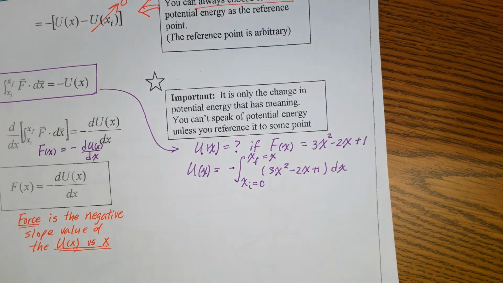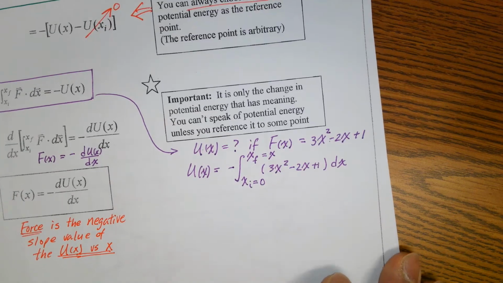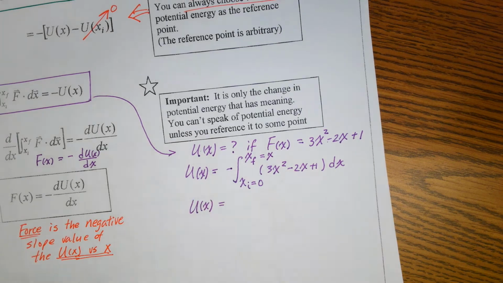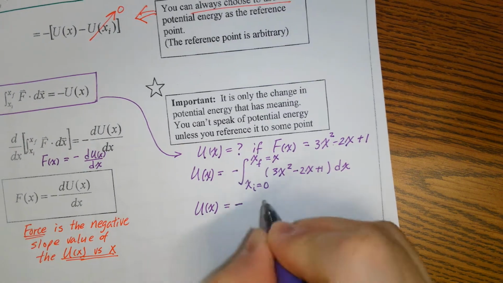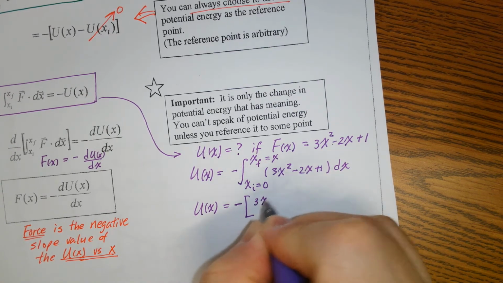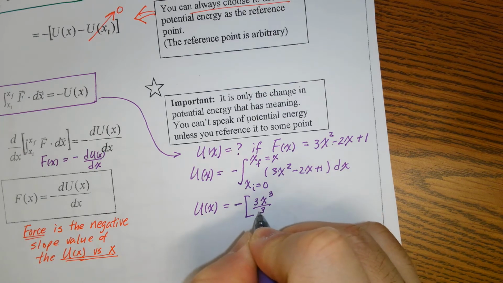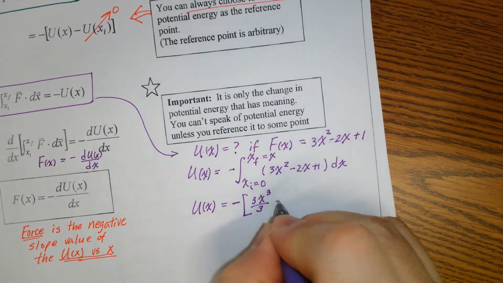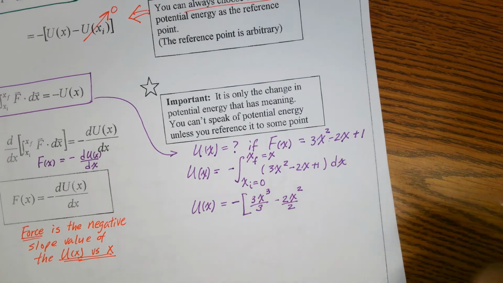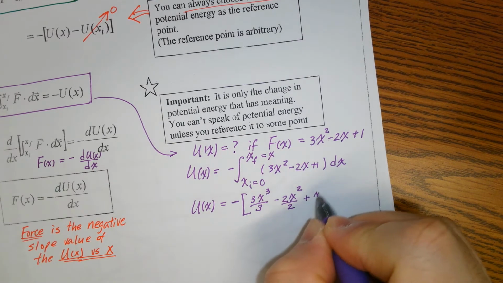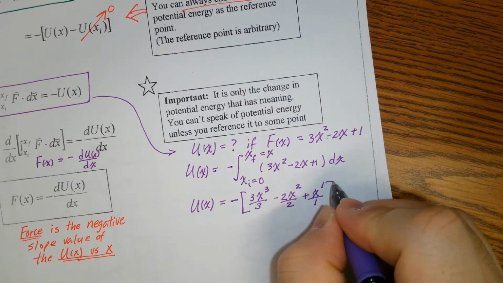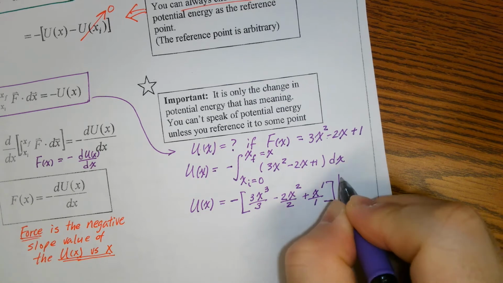For those of you who are not familiar with integrals in calculus yet, this is a good opportunity to learn how to use them. So here, the negative of, when I integrate this, it'll be 3x cubed over 3, minus 2x squared over 2. It's like an antiderivative, plus x to the 1 over 1, evaluated from 0 to x.